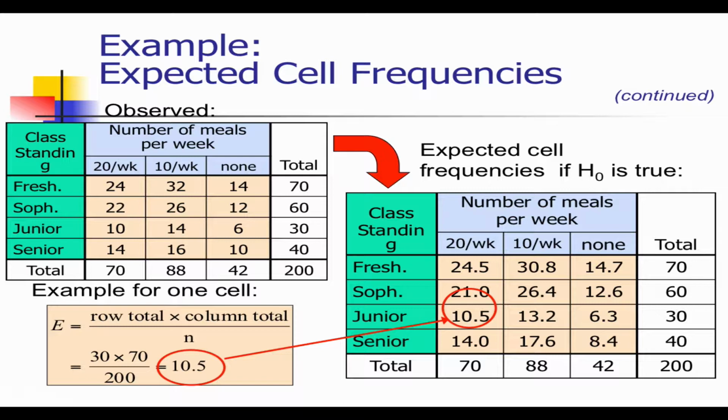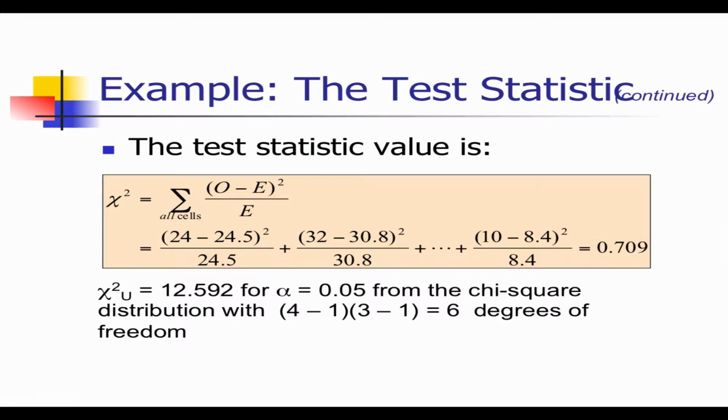The summation in this case is over 12 numbers because you have 12 cells in total. So here you have the chi-square, with 12 terms summed, and after you do that, you get a chi-square equal to 0.7.